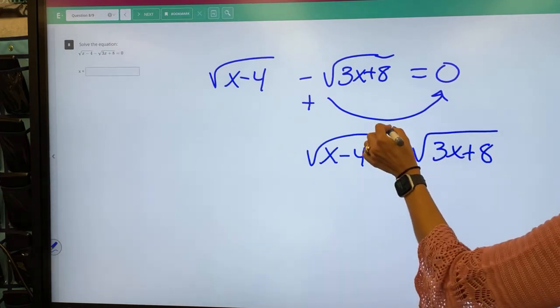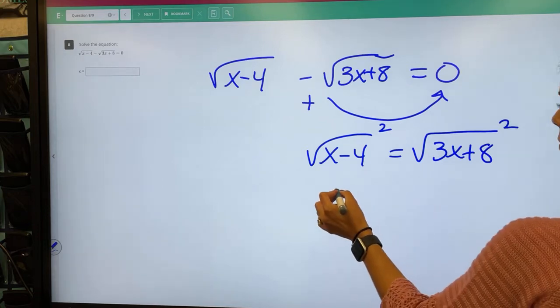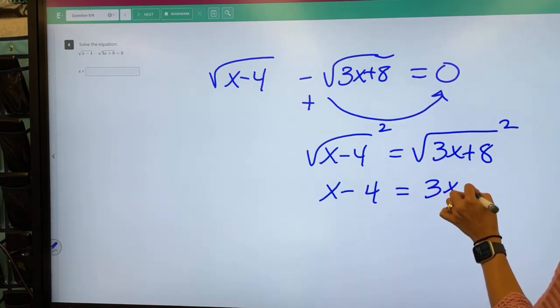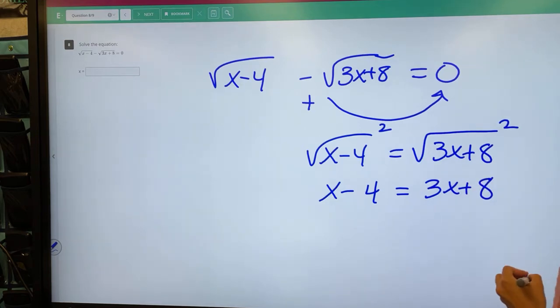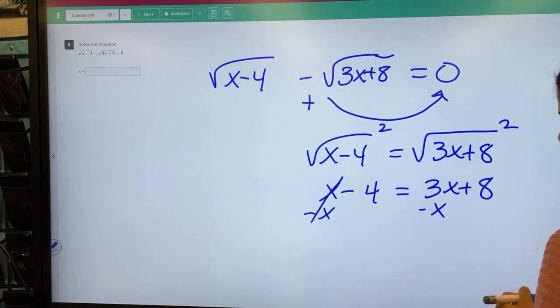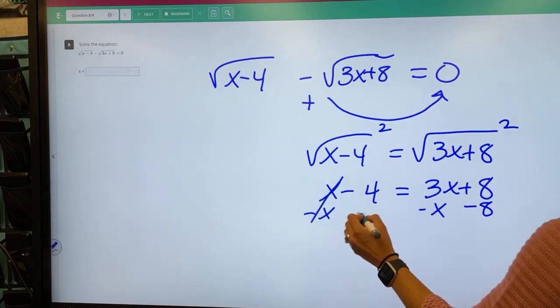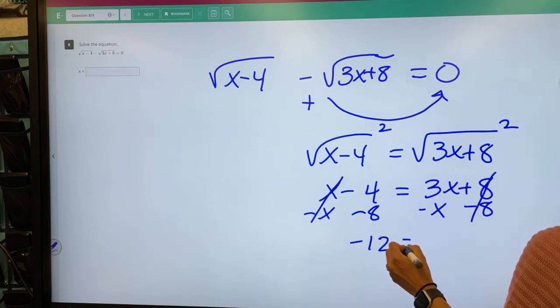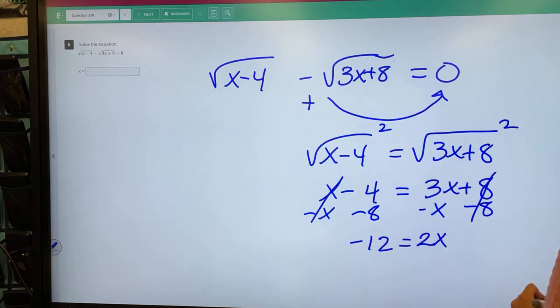And then we need to square both sides. And poof, x minus 4 gets to come out, 3x plus 8 gets to come out, and then we just need to solve. So I'm going to subtract x from both sides to get rid of the x there. Subtract 8 from both sides to get rid of the 8 on the right. So I get negative 12 equals 2x. Divide both sides by 2 and x equals negative 6.